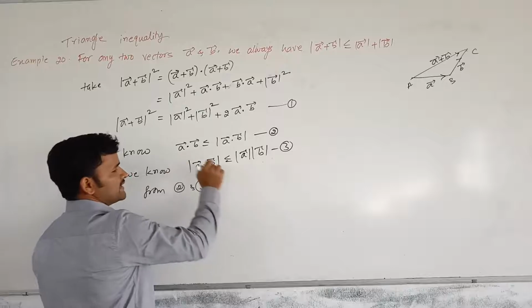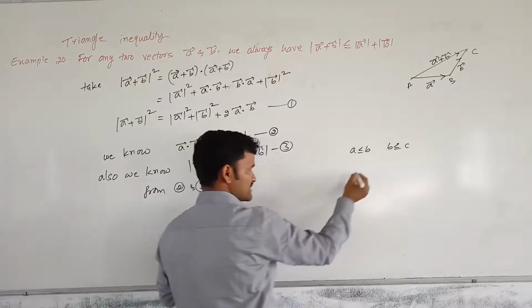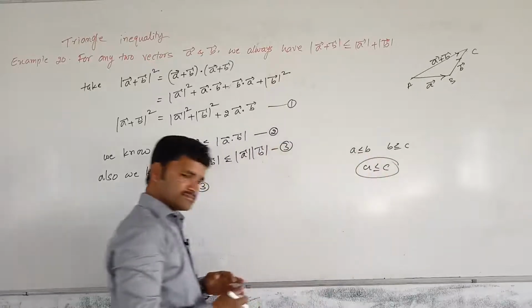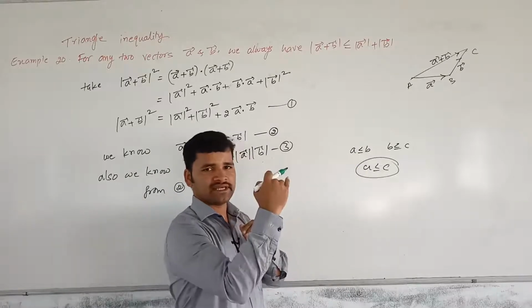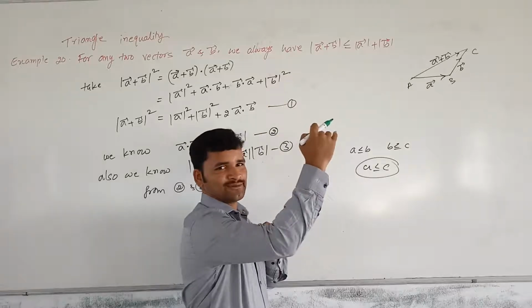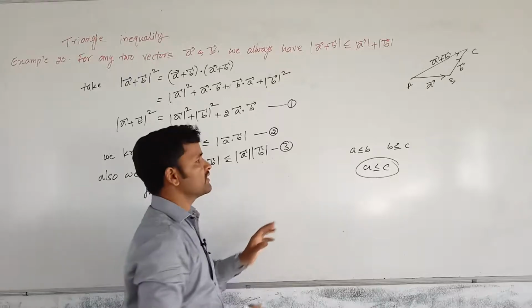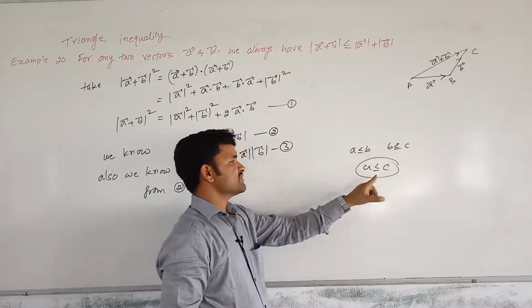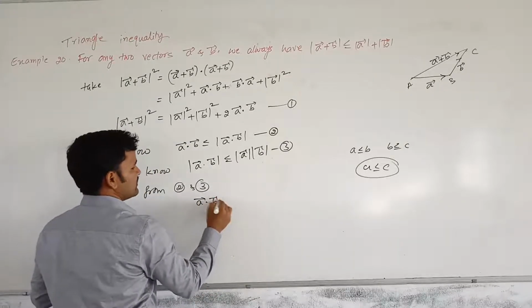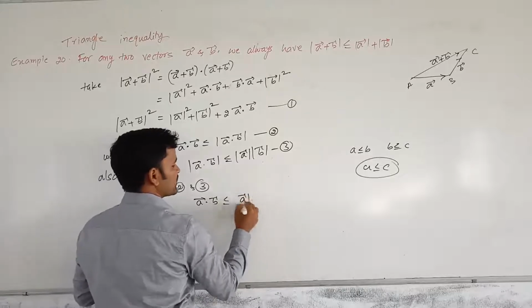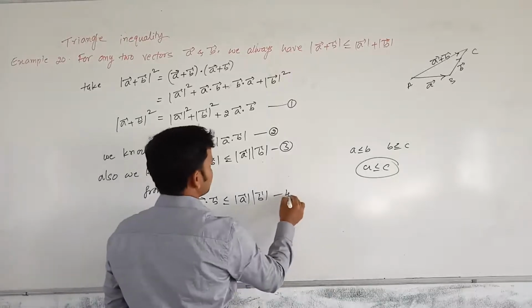You observe here, it is like A is less than or equal to B and B is less than or equal to C. Obviously, A is less than or equal to C. From 2 and 3, A dot B is less than or equal to the magnitude of vector A into the magnitude of vector B. Let us take this as equation 4.